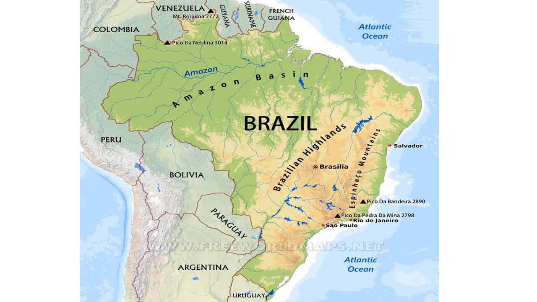The end of this Amazon river is called the mouth of the Amazon. This area is basically called evergreen rainforest. At the mouth of this river, we have Marajo Island.